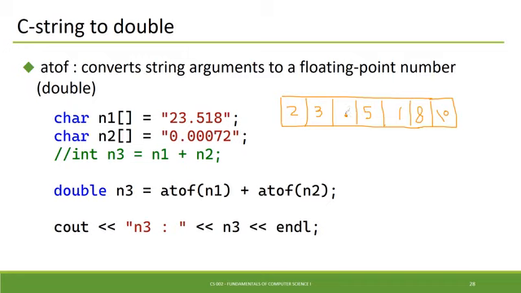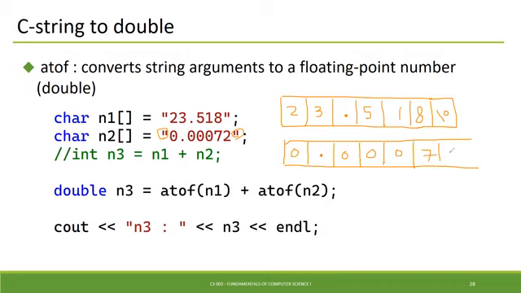The same thing happens with the other string because of the double quotes: 0 point has 1 space, then 3 zeros and 7, 2. And always remember, there is always a null at the end.